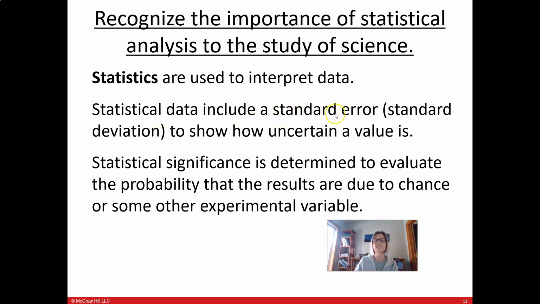Statistical data include a standard error, also standard deviation, to show how uncertain a value is. It says statistical significance is determined to evaluate the probability that the results are due to chance or some other experimental variable.